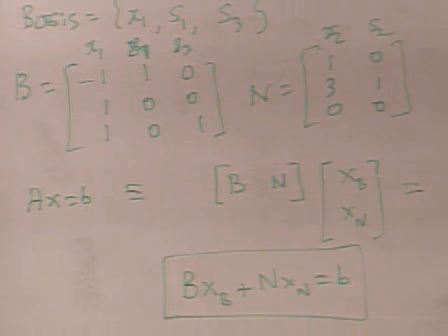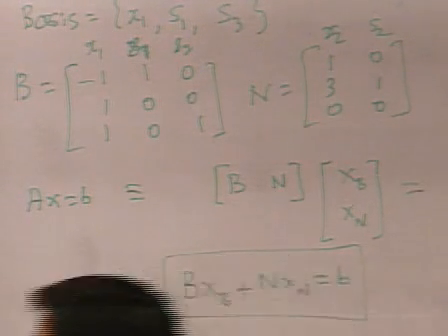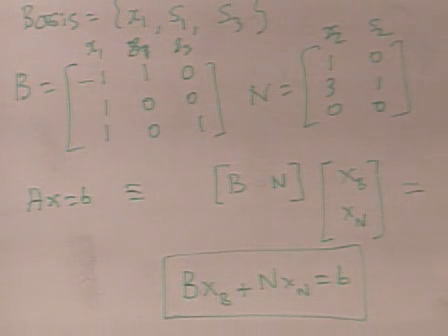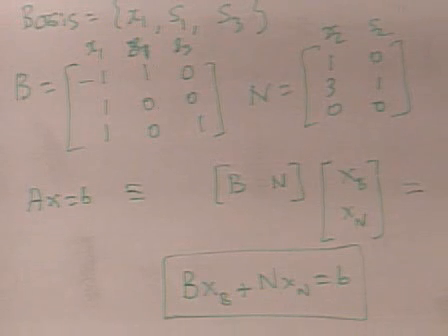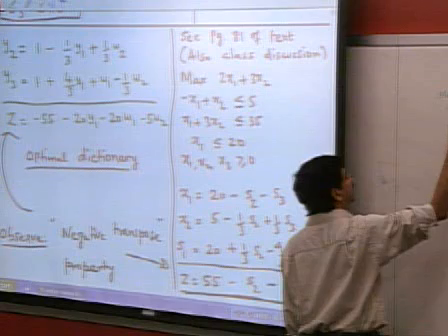But this is just a different representation that's going to be useful in a little bit. So let me erase this and show you. My linear programming problem was maximize c transpose x, Ax equals b, x non-negative.